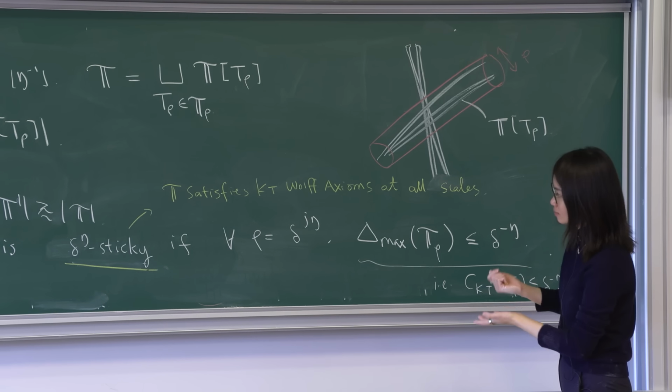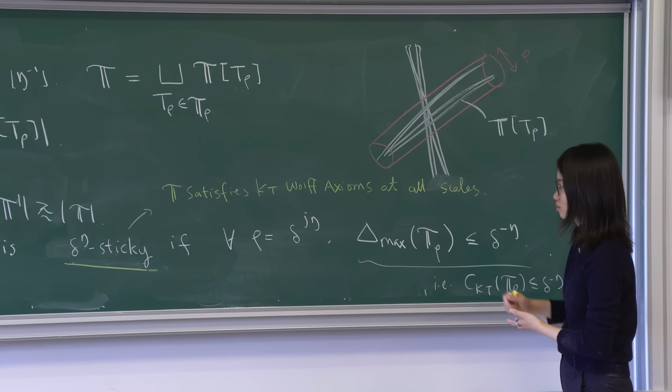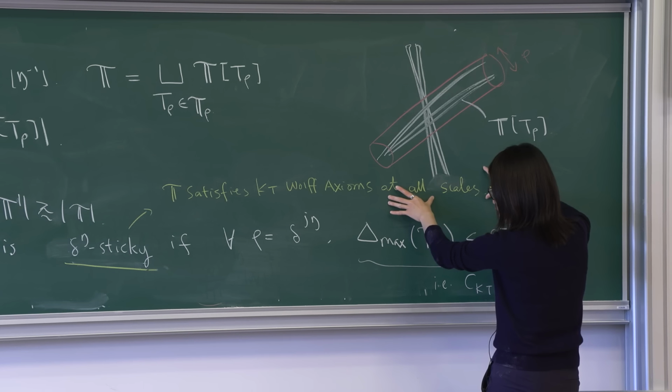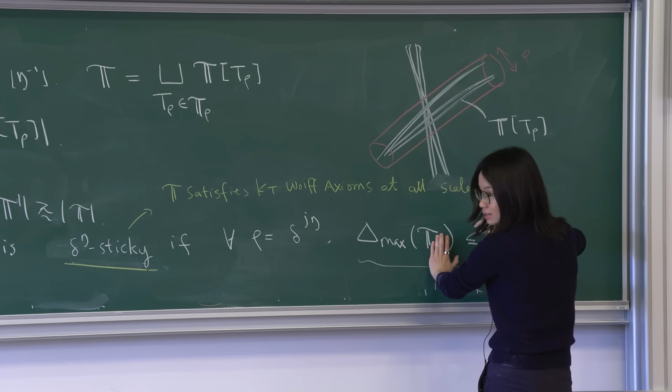The difference between a set of tubes satisfying the Katz-Wolff axiom and sticky sets is just whether it's at all scales, meaning for all rho, or just for T.